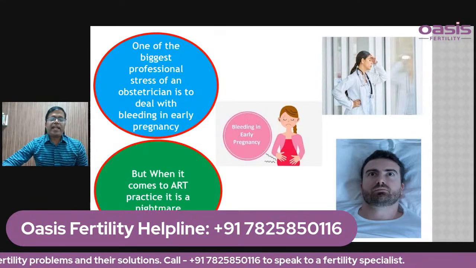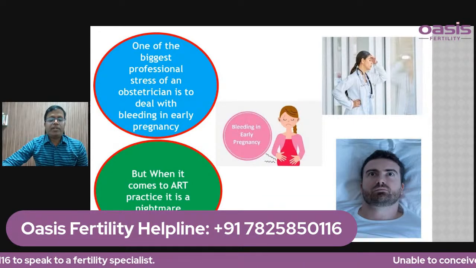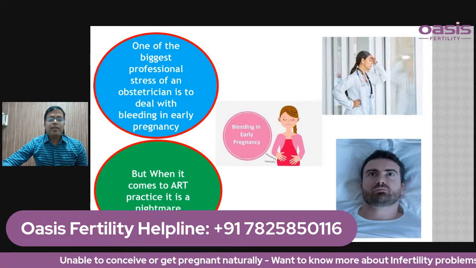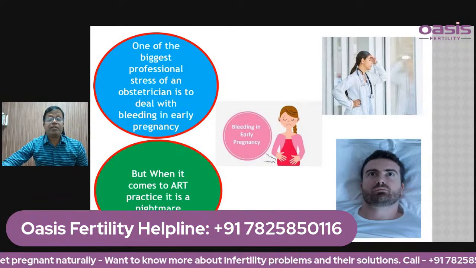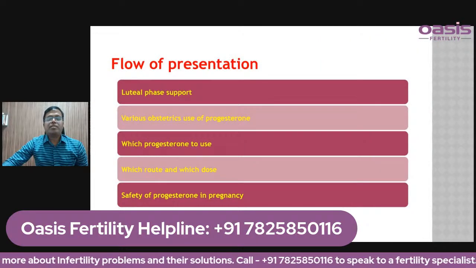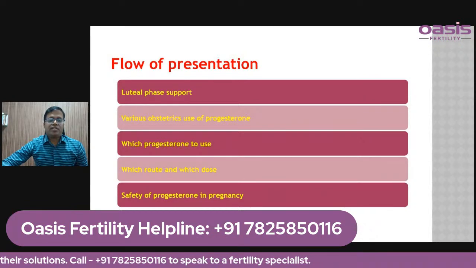It is a nightmare for our practice, because when someone becomes pregnant through IVF, we are so happy, and the patient's happiness gives us a lot of hope that they are going to have their child. But suddenly she informs us, or lands at our hospital, that she is bleeding even though she is just 1 or 2 months pregnant. It becomes a bigger stress for us, and of course for the patient, with all the pain.